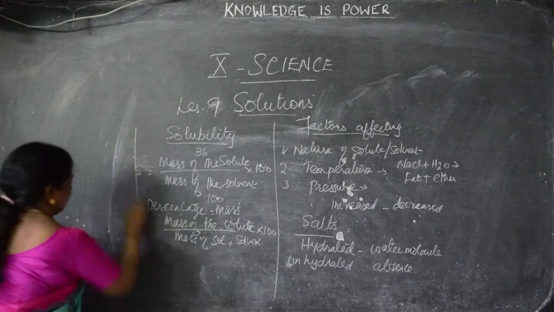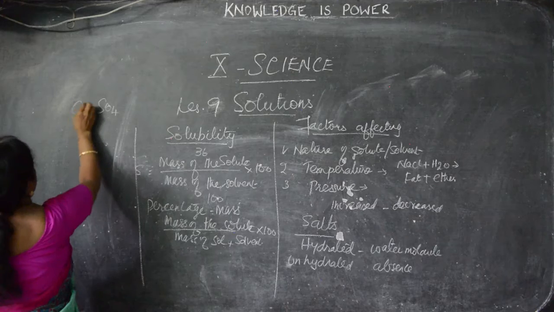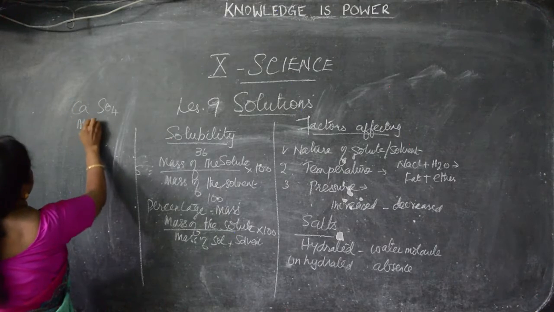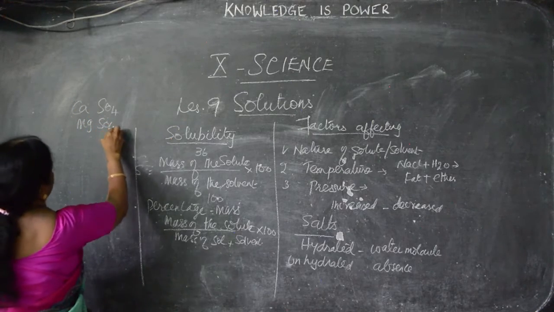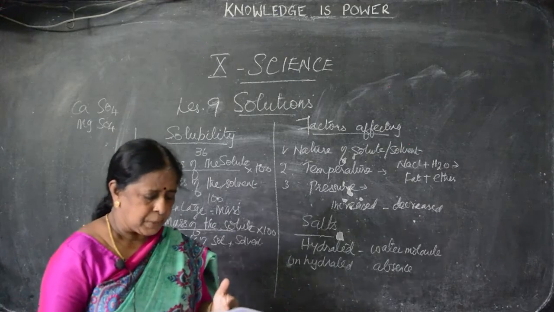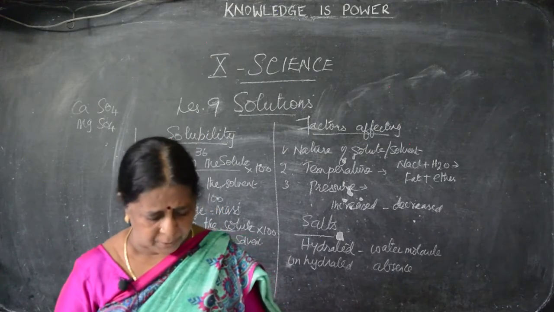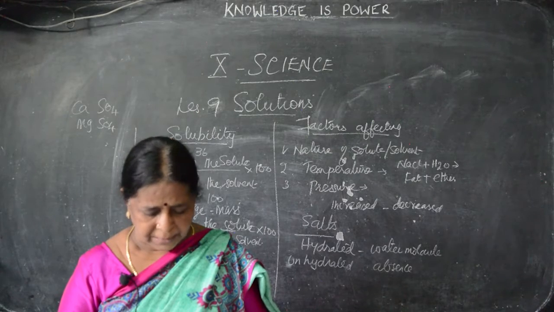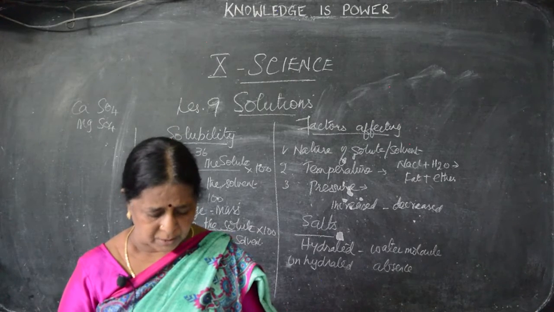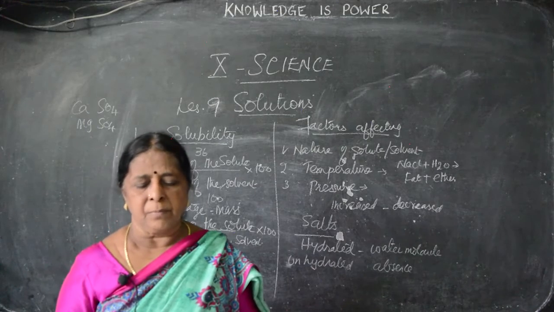If it is calcium, calcium sulfate. Magnesium, magnesium sulfate. Like that. Clear? Calcium, gypsum, calcium sulfate. How many water molecules are there? 2 water molecules. Green vitriol, ferrous sulfate, 7 molecules of water. White vitriol, zinc sulfate, 7 molecules of water.